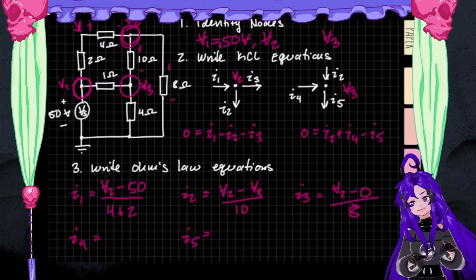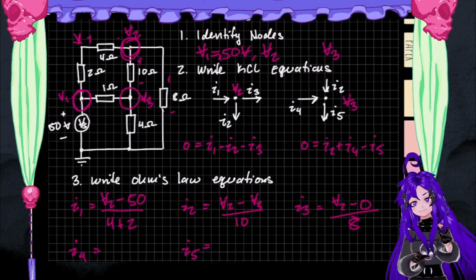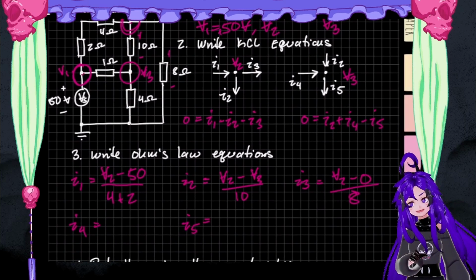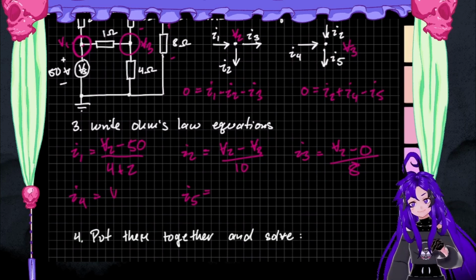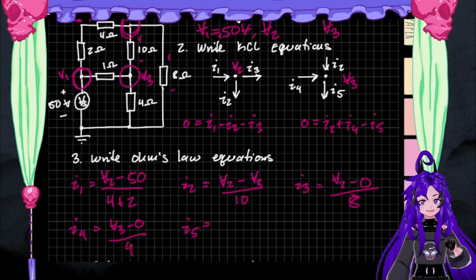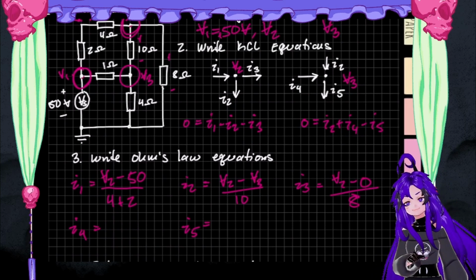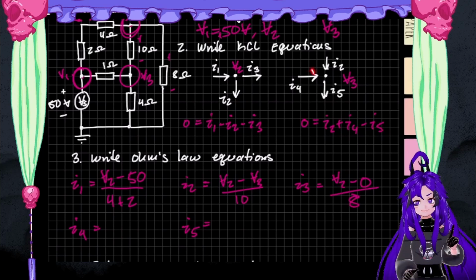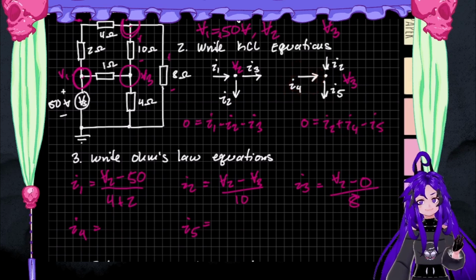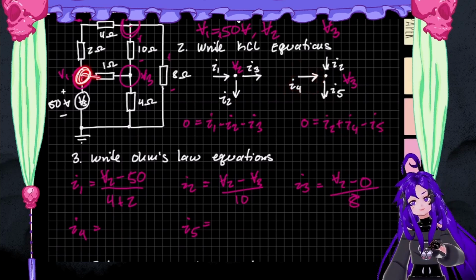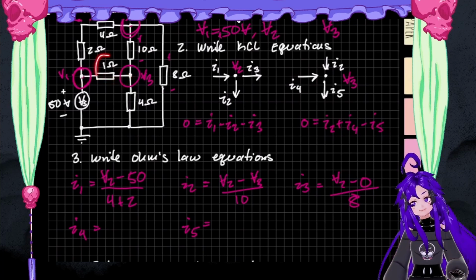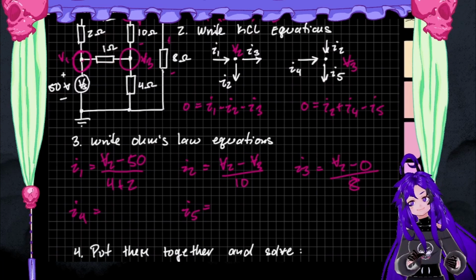Now how about I4? I4 goes from V3 to ground. So that one's going to be V3 minus 0 over 4. Oh, I'm sorry, that was I5. I apologize. That must have been confusing. I4 is the one that goes from V1 to V3 across the 1 ohm resistor.